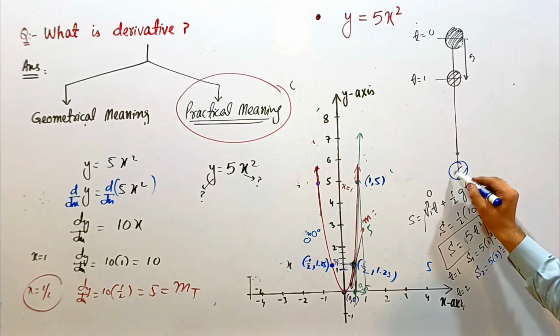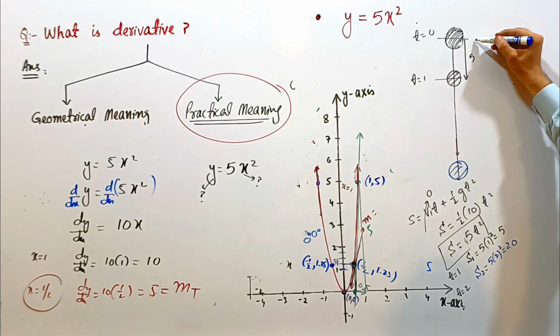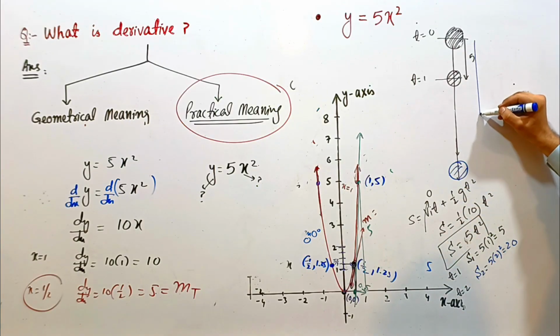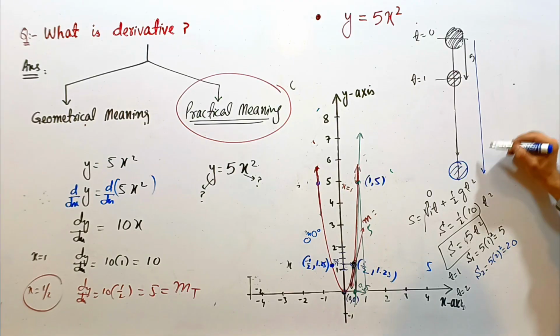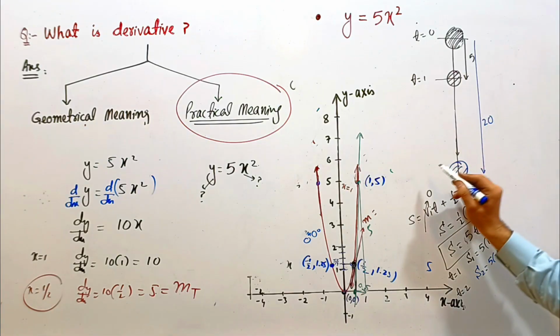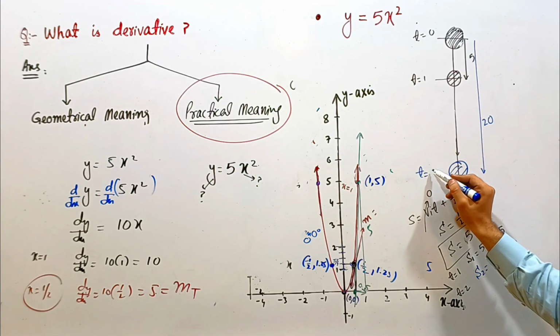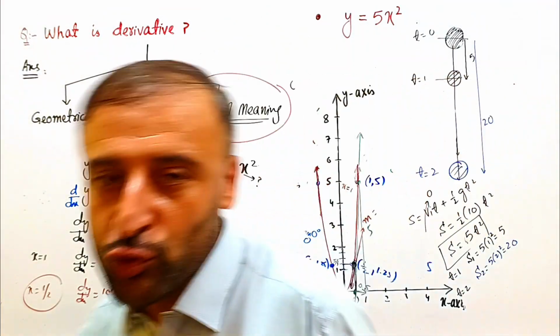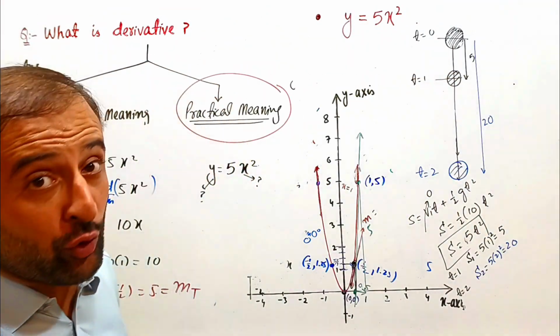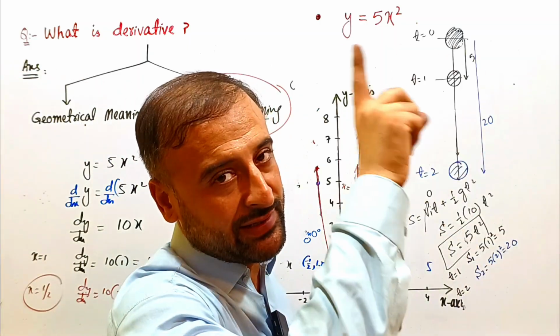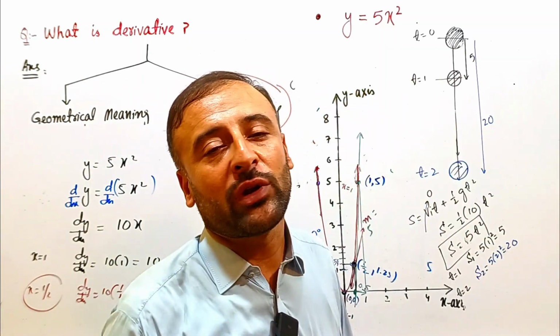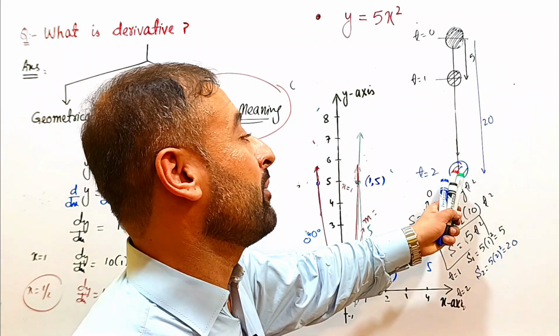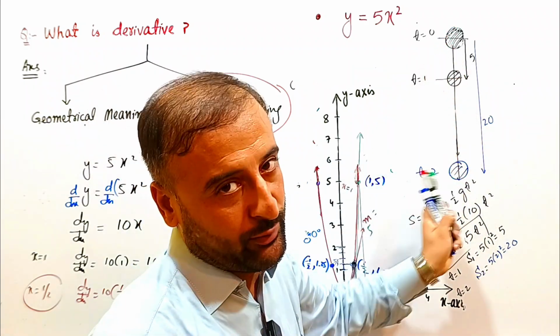It would have covered a total distance of 20 meters when the total time elapsed is 2. The total distance means the distance from the starting point. Total time means the time taken by the body to reach from this point to this point.